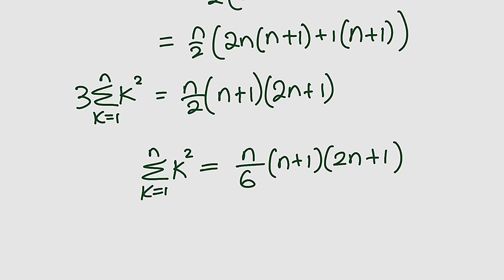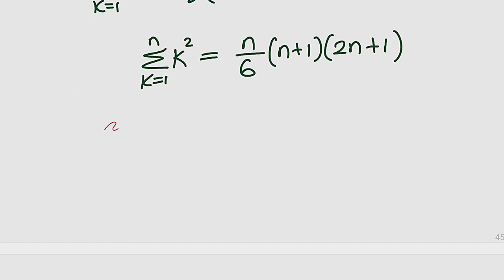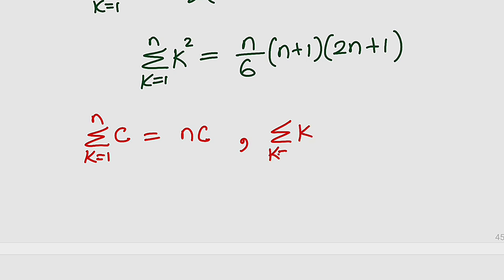So we have generated 3 formulas so far for the constant, for k and k squared. So let me write them here. The first one is the summation of a constant, c, from 1 down to n. We say that this is the same thing as nc. And the second one, we say that the summation of k, which k starts from 1 down to n, is the same thing as n times n plus 1 divided by 2.